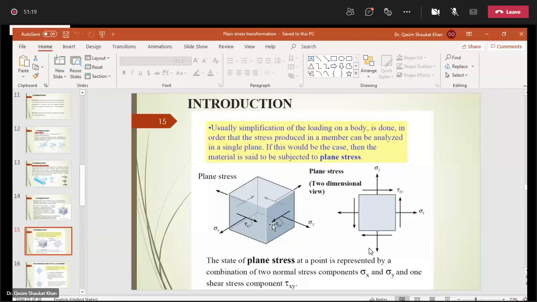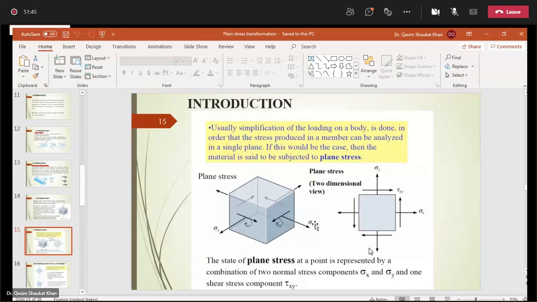Guys, if you have any question, please ask me, because I want to spend some time on it. This is the point from where we will start our derivations. So please let me know if you have any queries. Sir, the shear stresses at the end should also be tau xy.